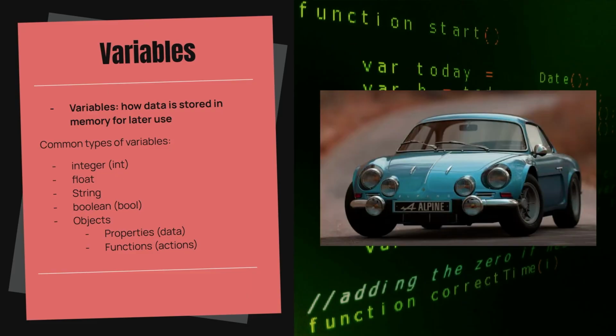Take, for example, a car. The properties of a car could be the year it was made, its make, its model, its mileage. All those are information about the car itself. And the functions of the car could be starting the car, changing gears, or driving. Yeah, there are additional types of variables, but these are just the most common ones that you will see getting into coding and computer science.